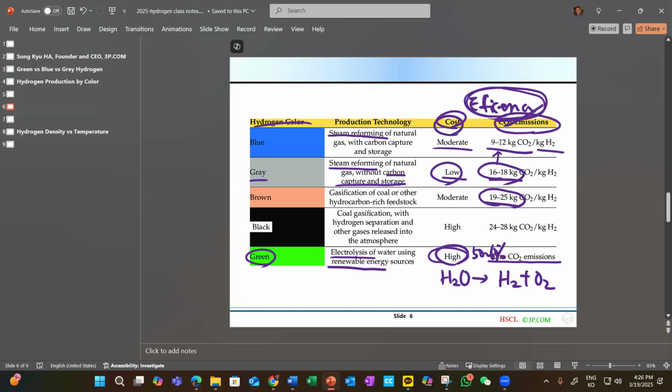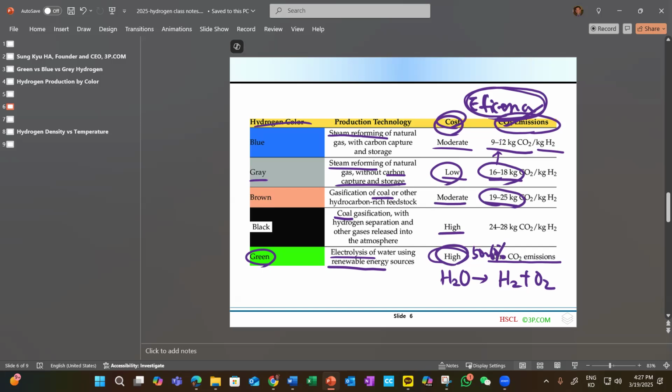And black, this is coal; instead of direct use of CH4, we are using coal. And brown, this is also coal. And then moderate and high.